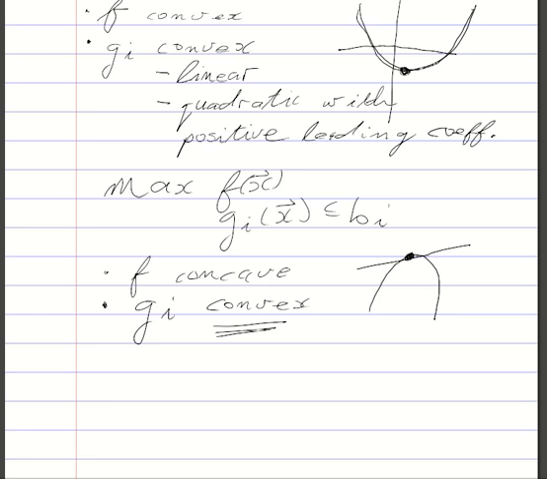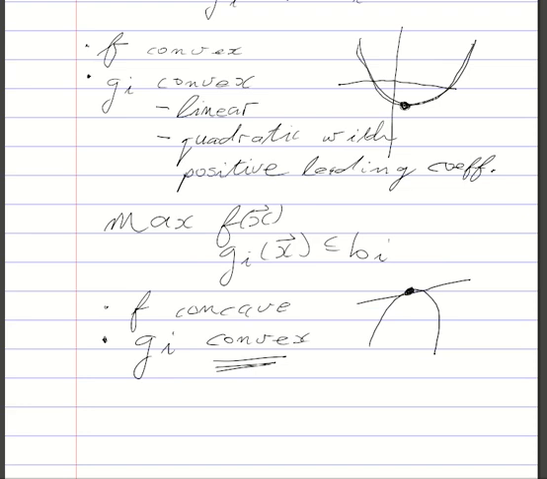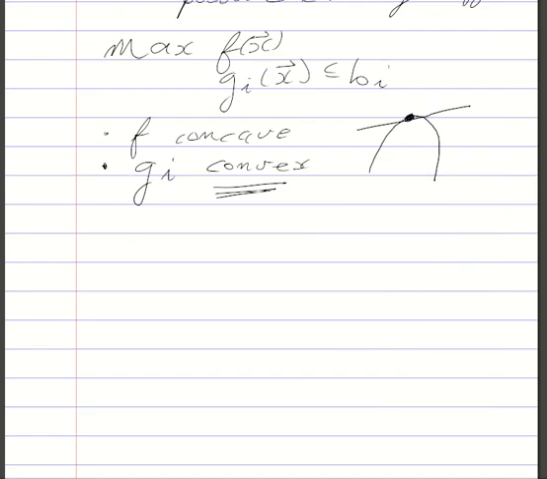Now, how does this relate to what we've been doing with our problem so far with the Hessian? Well, the Hessian is used to determine when the function f is convex and when it is concave. So let's just go through that quickly.